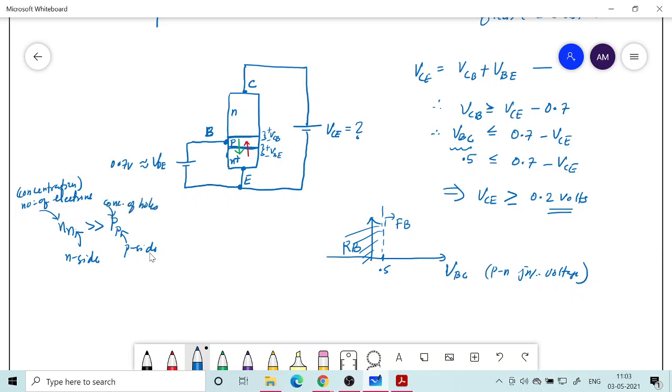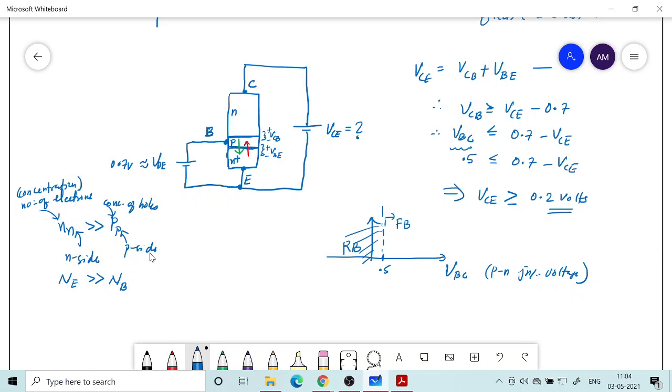So this condition, in other words, the number of impurity atoms with which we dope the emitter, Ne, is much greater than Nb. This is the concentration of the impurity atoms.